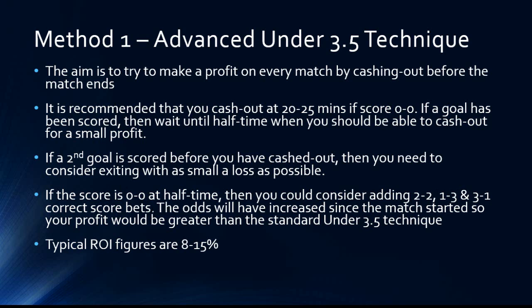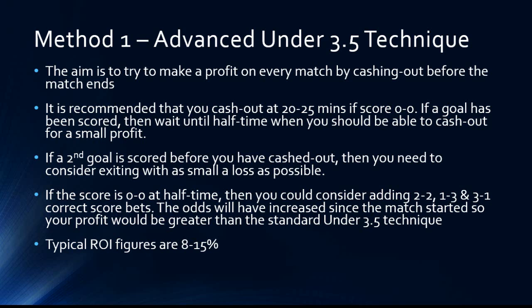Now that's a sensible thing to do, because if the score is 0-0 at half time, the correct score odds for 2-2, 1-3 and 3-1 will have increased since the match started. So if you were doing this as a standard method 1, then you'd have certain stakes according to the pre-kick-off odds for 2-2, 1-3, 3-1.